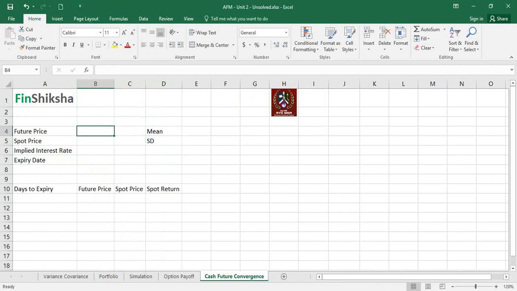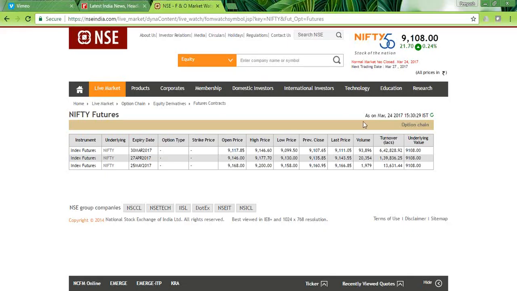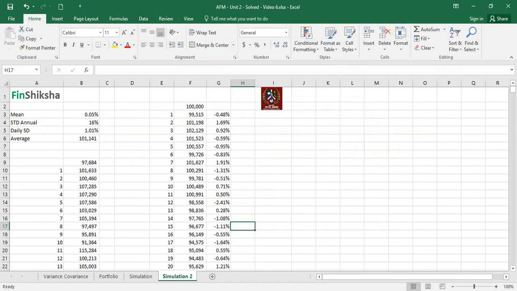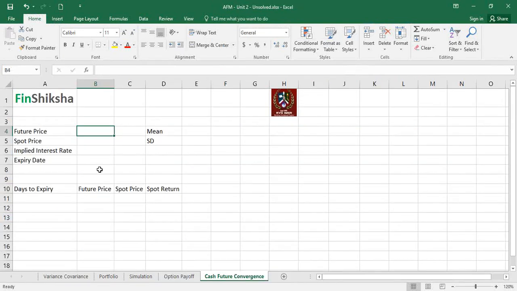Let's go to the NSE website, where the Nifty underlying value is 9108, and we're going to use the next month future, that's 27th of April, and the last price was 9143.55. So we are going to put these data points.